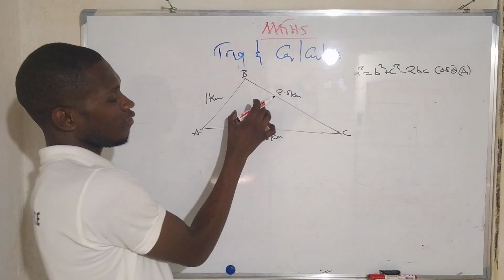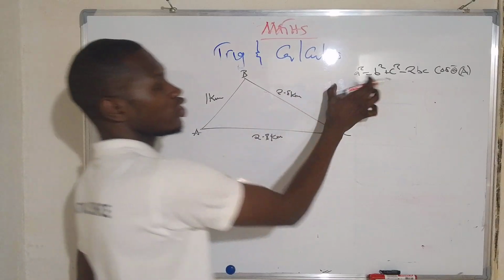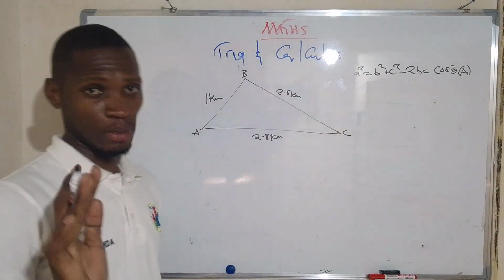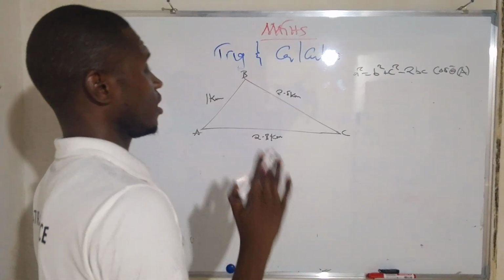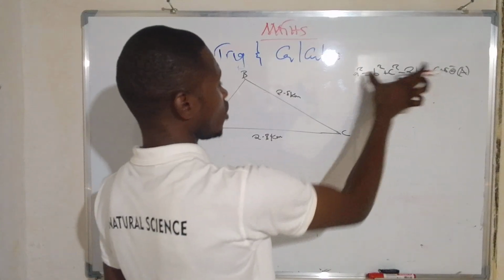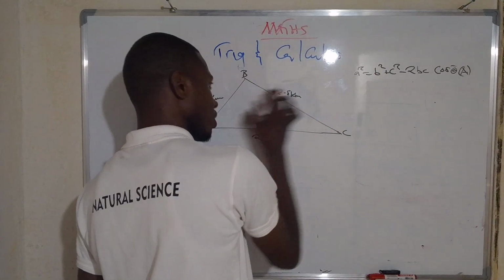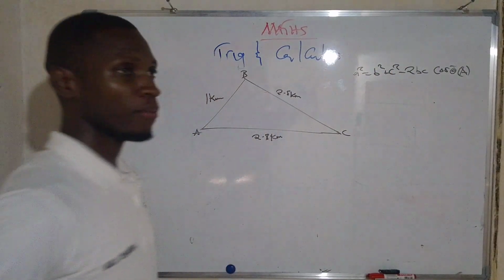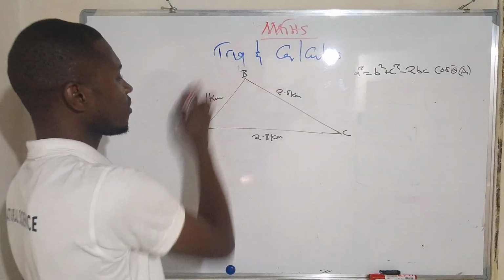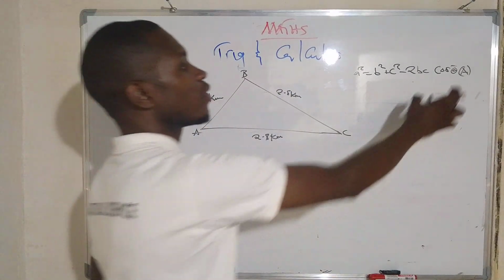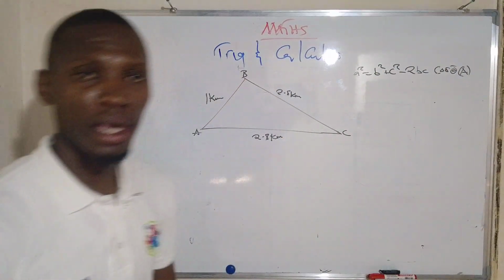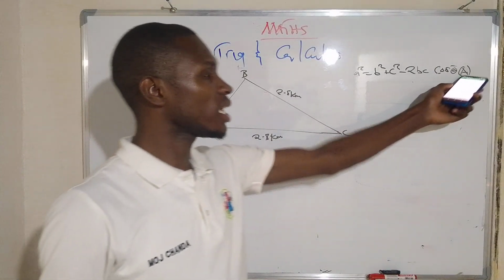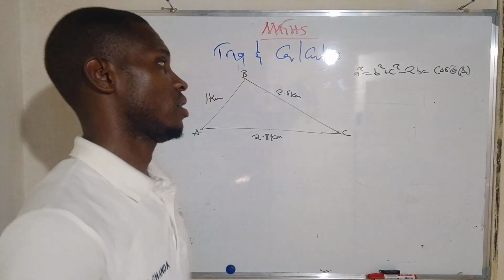Now, when I've been given something like this, we don't use this form. In short, when all three sides have been given and you're looking for cos A, I'm going to make cos A the subject of the formula.